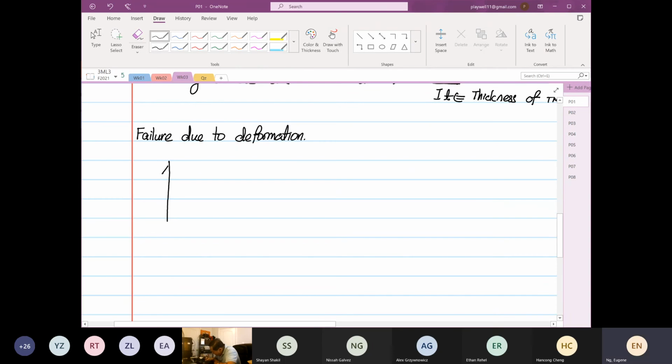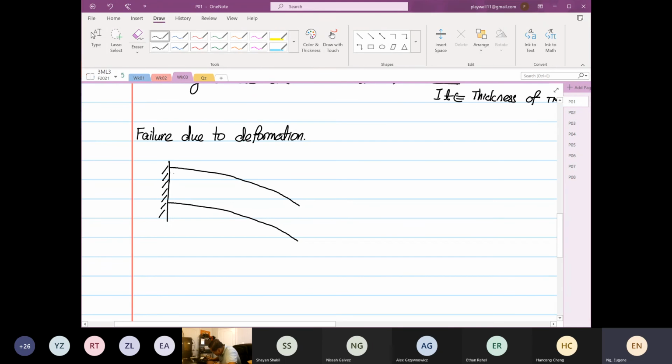It's still a cantilever beam, right? So the structure will deform this way, right?